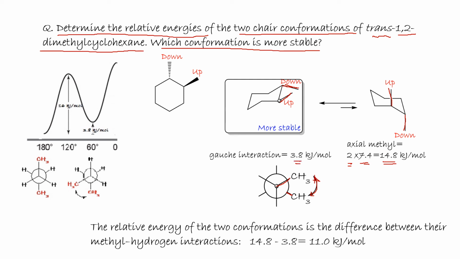So in this form we have the gauche, but in this one we have 2 1,3-diaxial for the methyl group. The difference will be 14.8 minus 3.8, that is 11 kilojoule, approximately 11 kilojoule per mole between these two conformers.